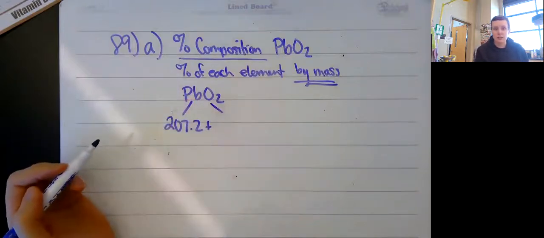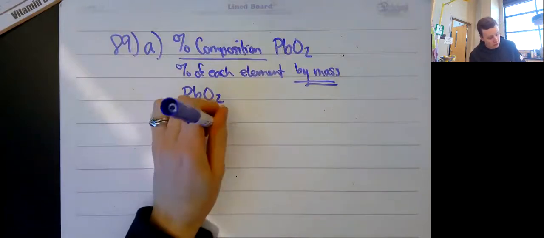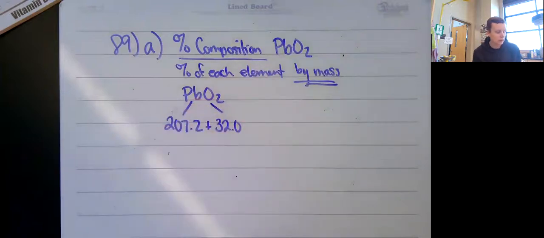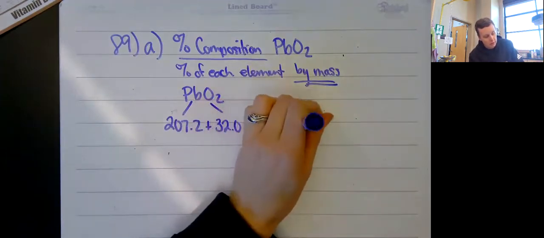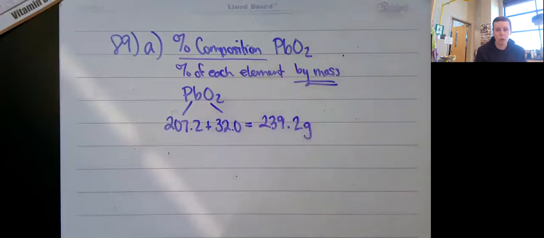Each oxygen is 16.0, so altogether 32.0 when you add those together. And then we add them and we get our total, okay? So our total mass here is 239.2 grams. Grams per mole, grams, whichever, okay?